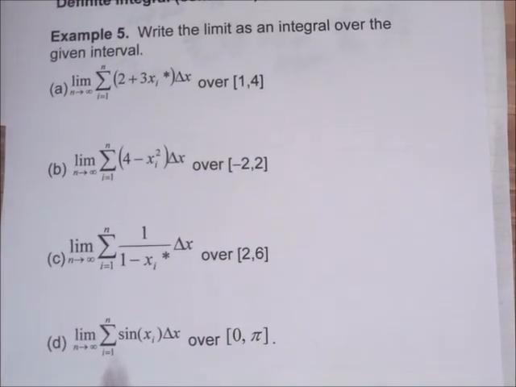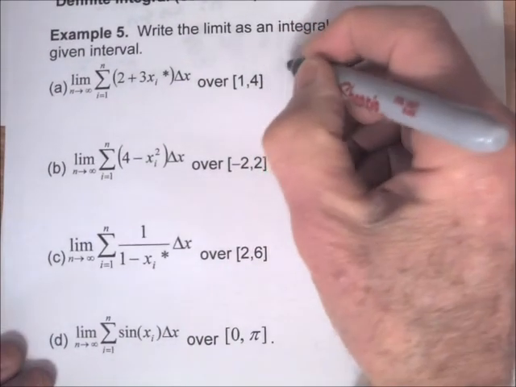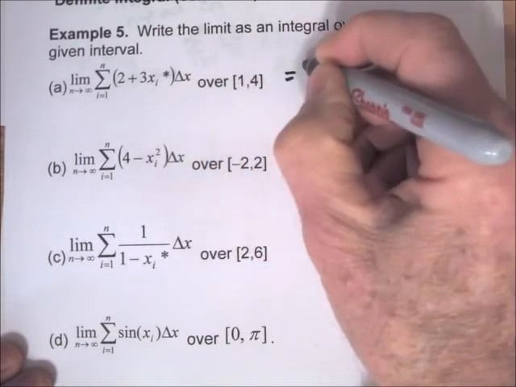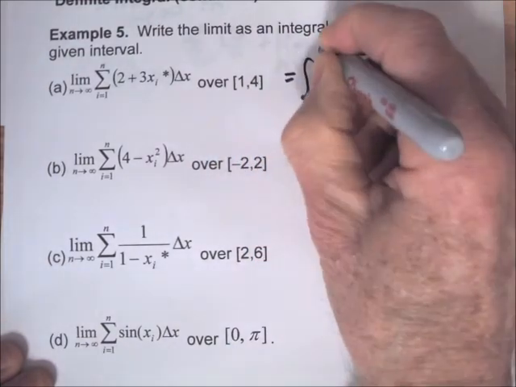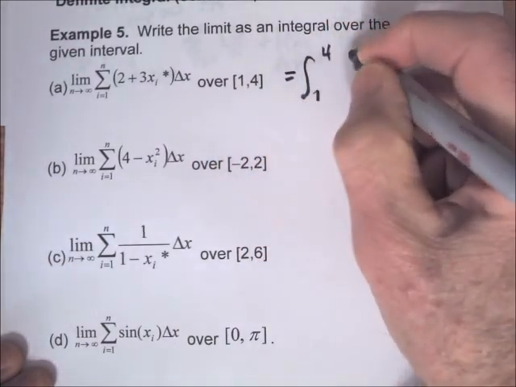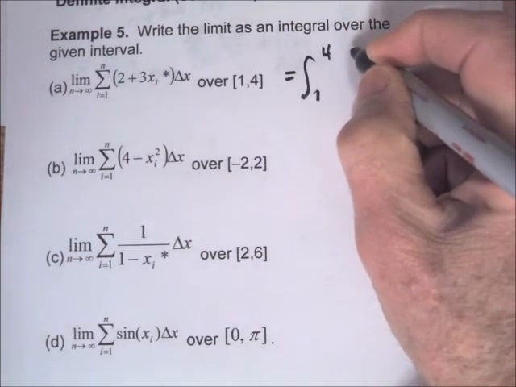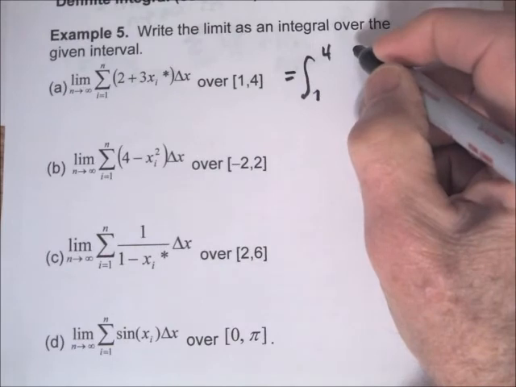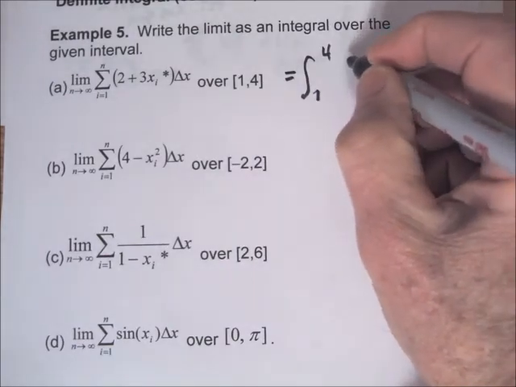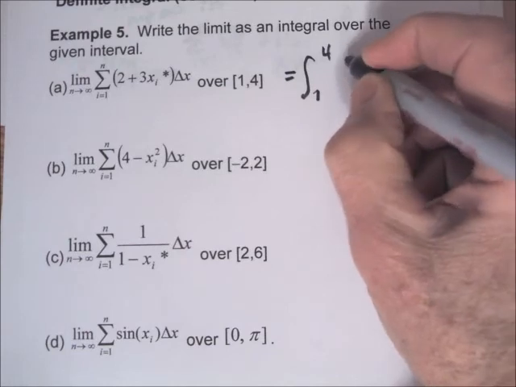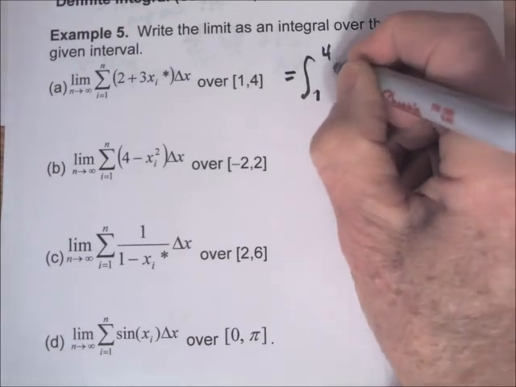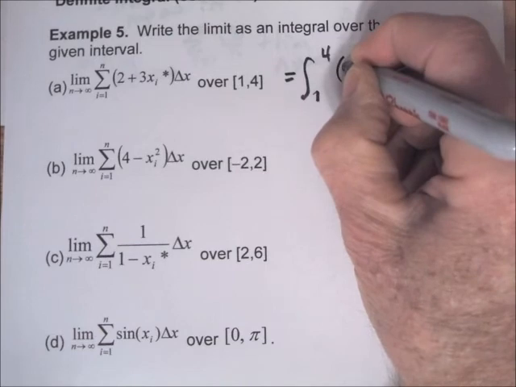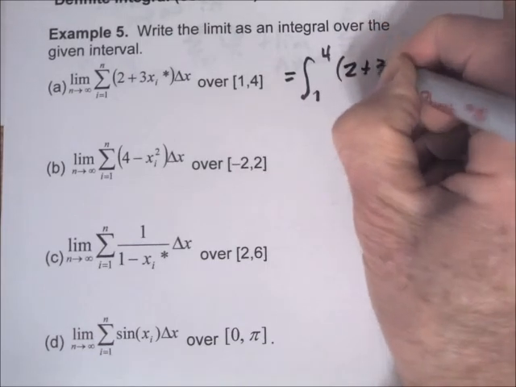So this would be over the interval from 1 to 4. So it's going to be an integral from 1 to 4, and this could be 2 plus 3x.